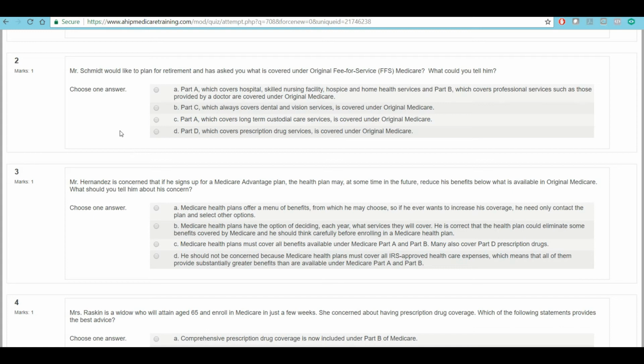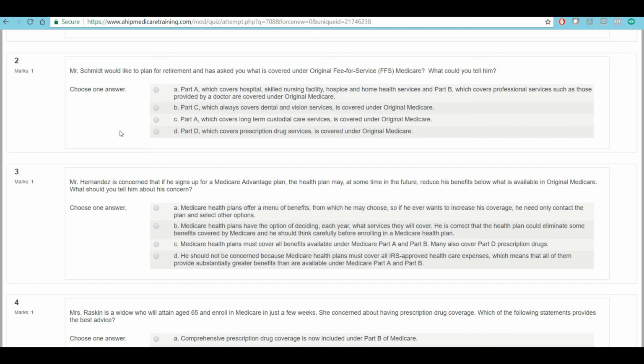But let's check. And then B, Part C, which always covers dental and vision services, is covered under original Medicare. No. Part A and B is original Medicare, and that's fee-for-service Medicare, which is what we're trying to answer. So C, Part A, which covers long-term custodial care services, is covered under original Medicare.